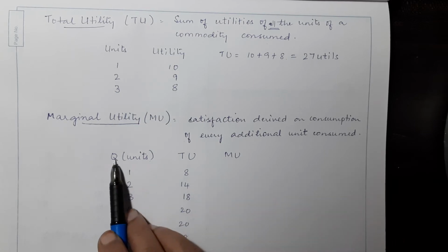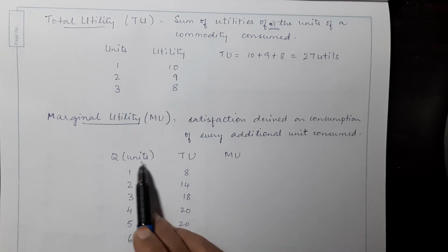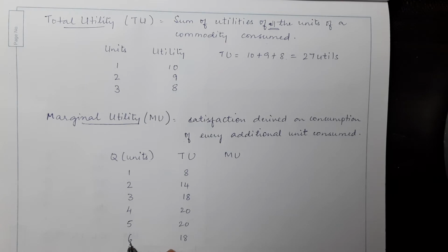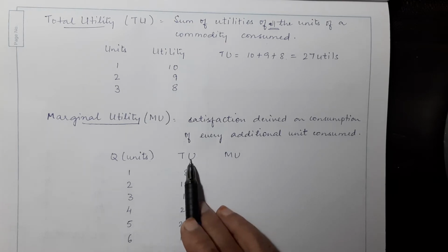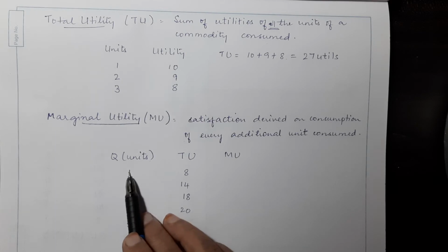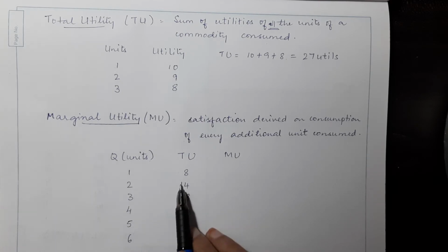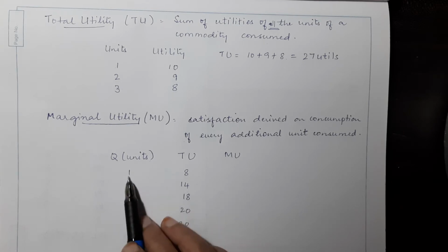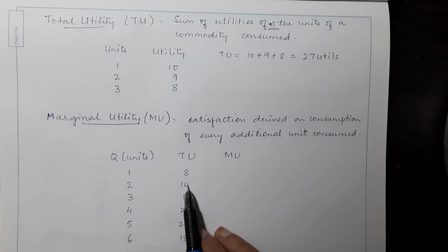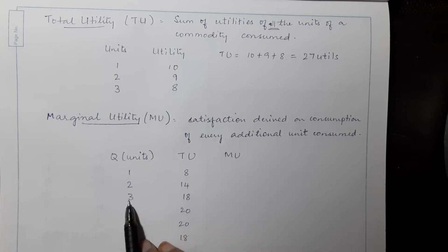Now we have taken Q, that is units, as 1, 2, 3, 4, 5, 6. The total utility that he gains is the sum of the utilities. The first unit gives him 8 utils. The second gives him a total of 14 utils, that means after consumption of these 2 units, the total utility is 14. Then on the third unit, he gains a total utility of 18.